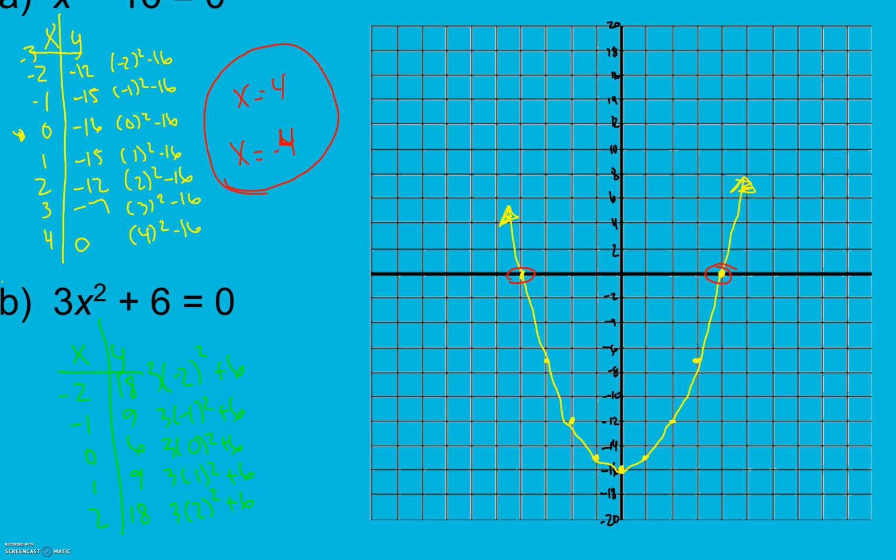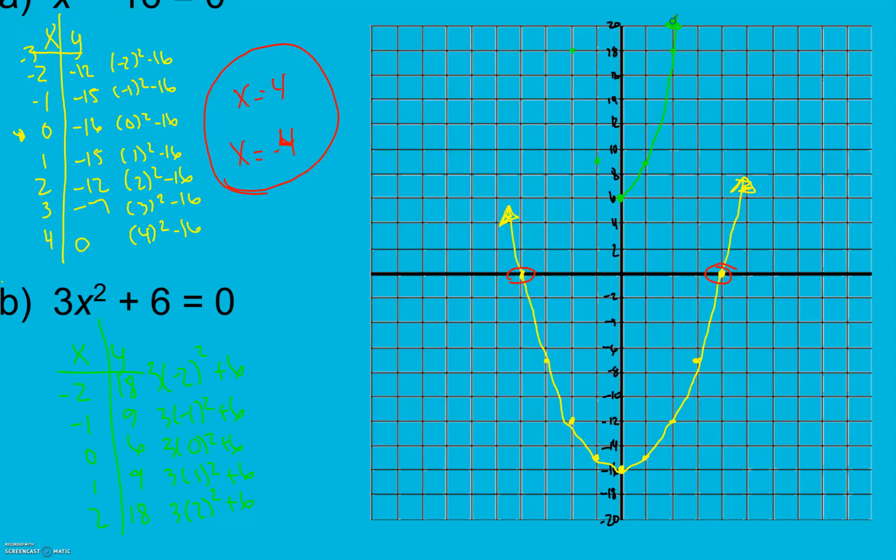At negative 2, I'm at 18. Negative 1, I'm at 9. 0, 6, 1, 9, and 2, 18.